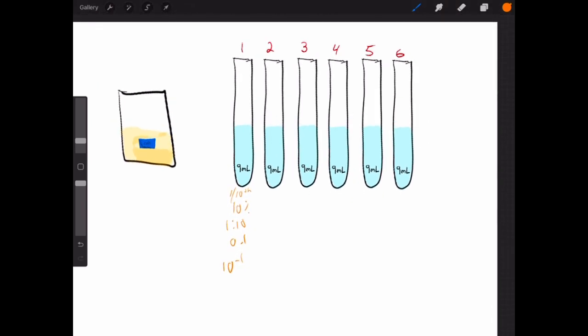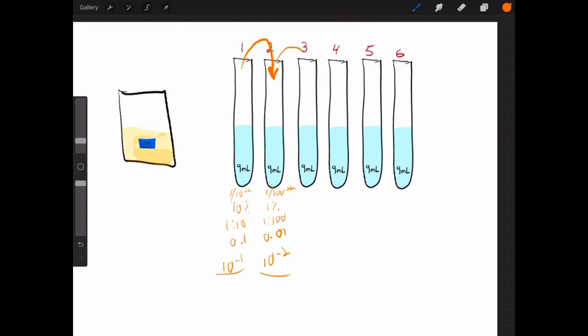And then we're going to take 1 milliliter from this test tube and add it into this one. And so now we have 1/10 of 1/10, which is 1/100th. Another way to write that is 1%, or 1 to 100, or 0.01, and then 10 to the negative 2, because it's a factor of 10.